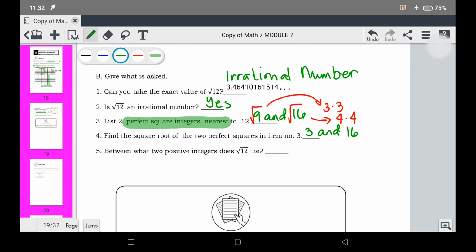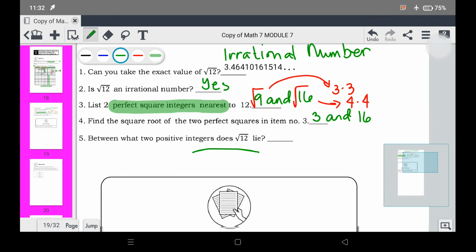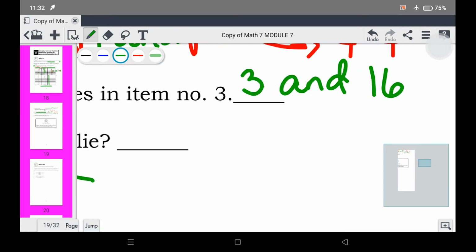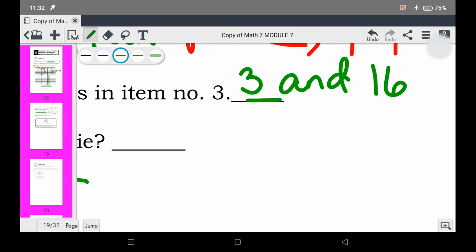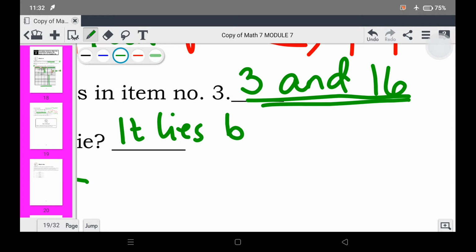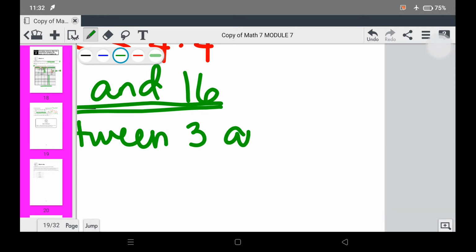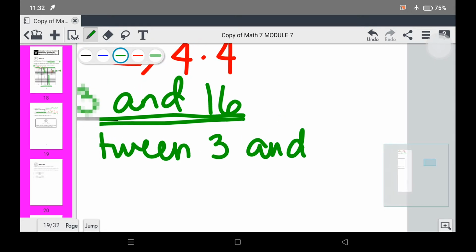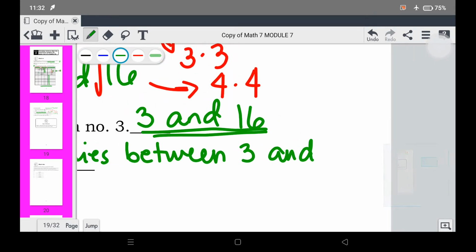Now, the question in number 5: between what two positive integers does the square root of 12 lie? We can answer here using number 4. It lies between 3 and, I'm sorry, that's not 16.